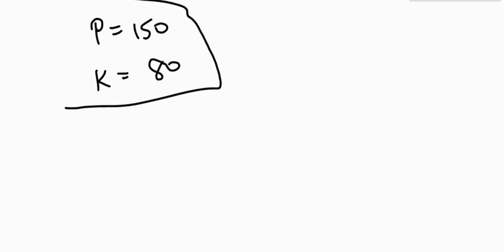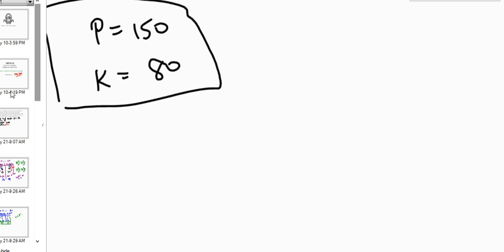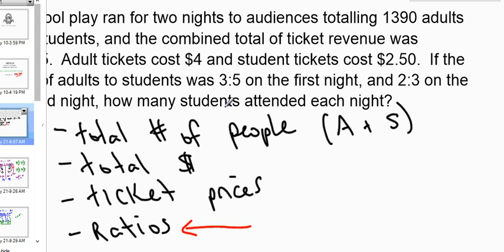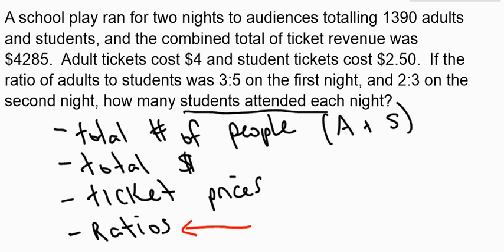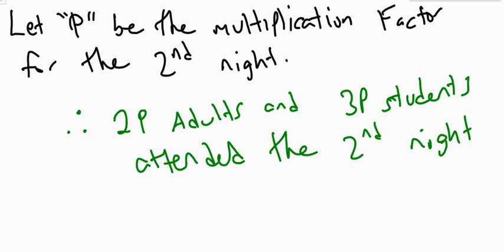Now, obviously that's not the end of the question. Let's review what the question said. It said, how many students attended each night? Okay, well, number of students. 5K students attended the first night. And that's all I need to answer.